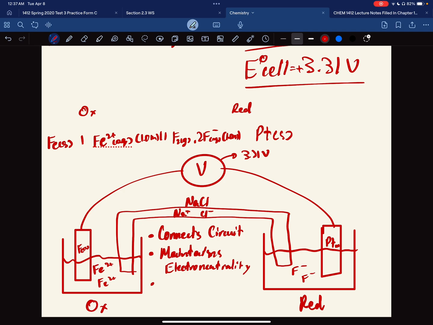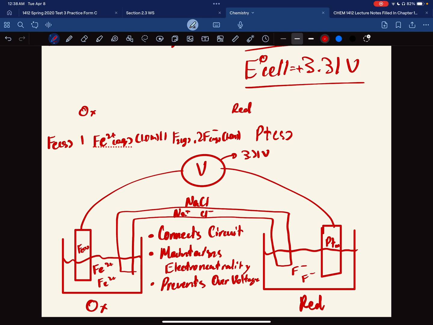And finally, it prevents overvoltage. So what do all these mean? For the first one, it connects the circuit. If there wasn't a salt bridge, the electrons won't flow, so it won't matter.